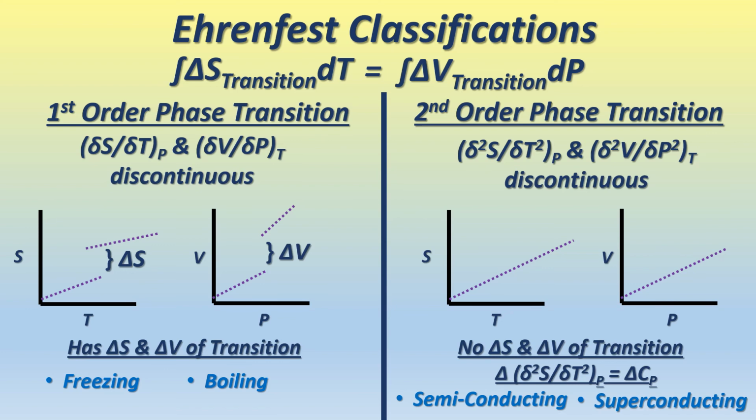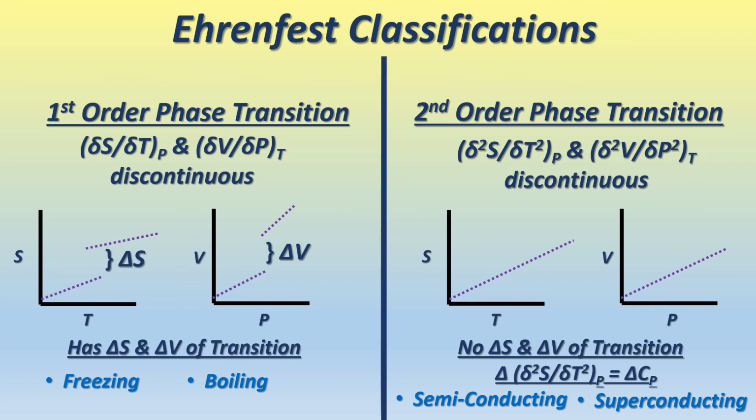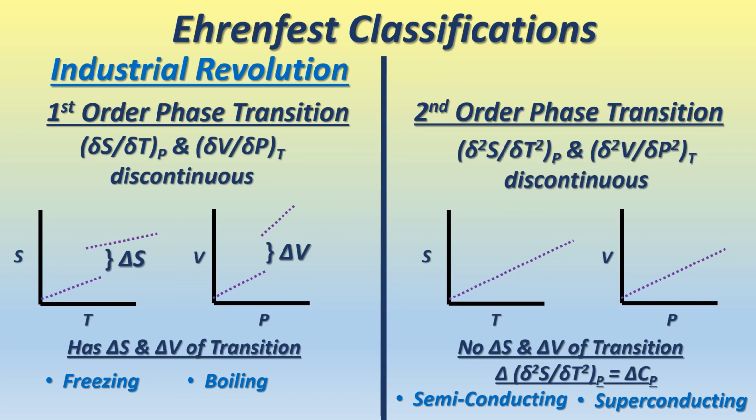Essentially, the Ehrenfest classifications are useful and interesting because they define why we still study thermodynamics. Anything that was a first-order phase that involved a change of volume or a change in heat, with things like boiling, was the power behind the Industrial Revolution. Second-order phase transitions that involve semiconductors and superconductors are the basis of the information age.